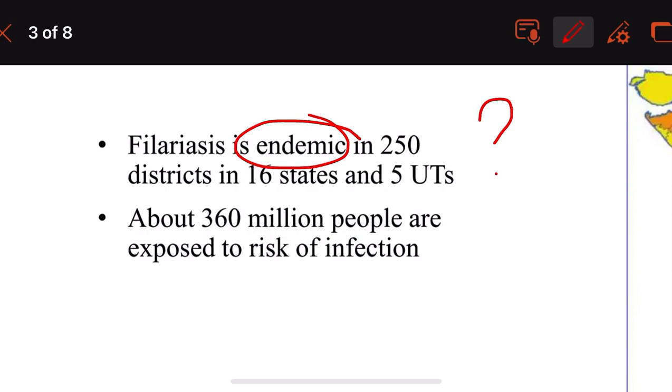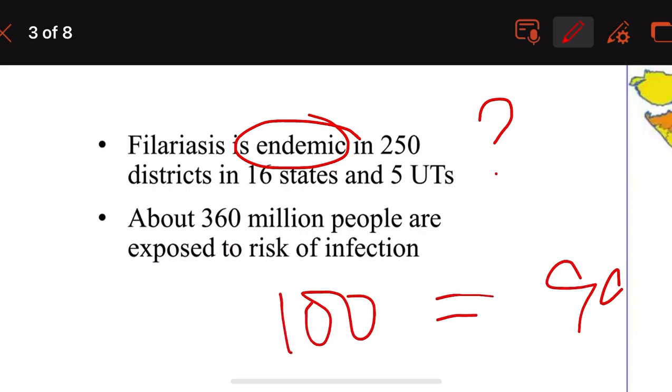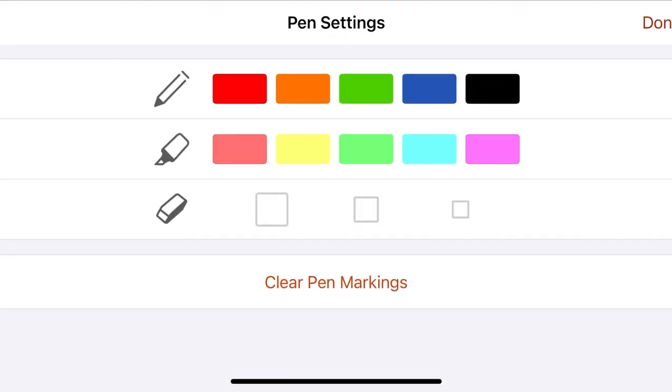For example, if you are expecting 100 cases of filariasis during a particular year in that area, and every year approximately 100 cases are coming, then it is endemic in that area. You expected about 100 cases and you're getting about 99 or 100 cases, which means it is endemic in that area.